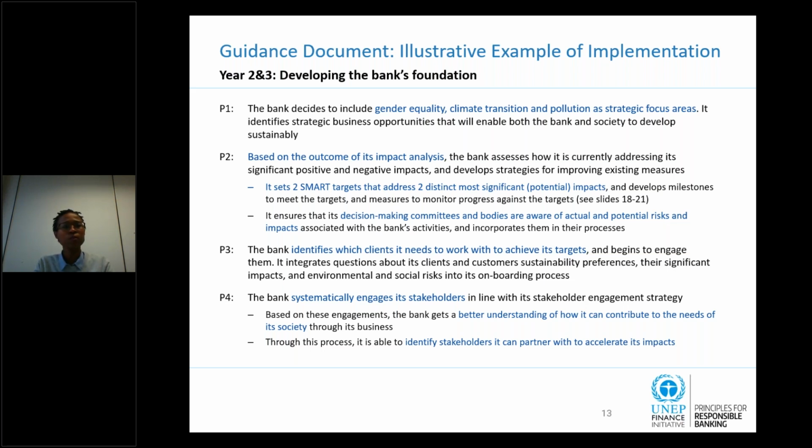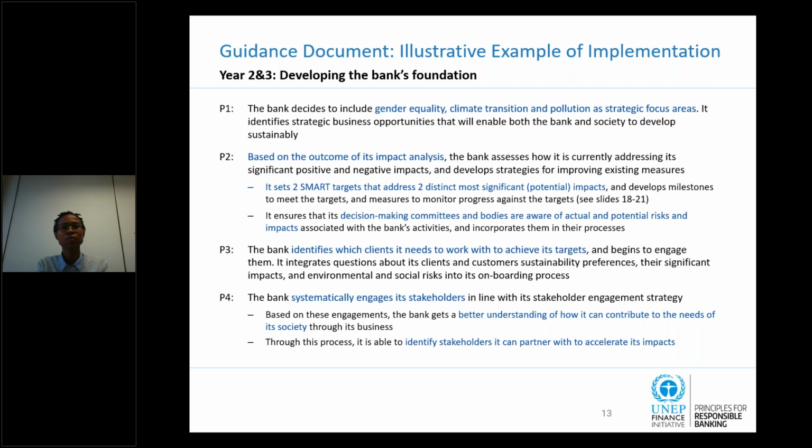There were certain things done in terms of identifying the main frameworks. In year 2 and 3, the bank could then be looking at or deciding to include gender equality, climate transition, and pollution as strategic focus areas. It identifies strategic business opportunities that will enable both the bank and society to develop sustainably.